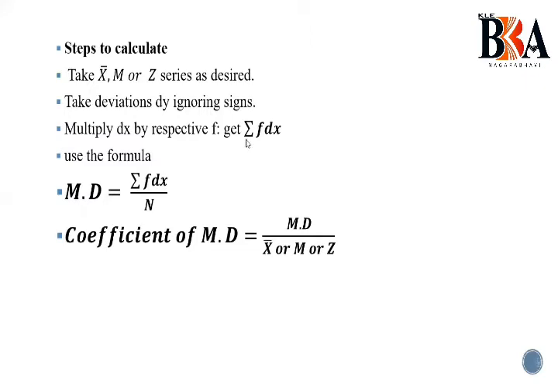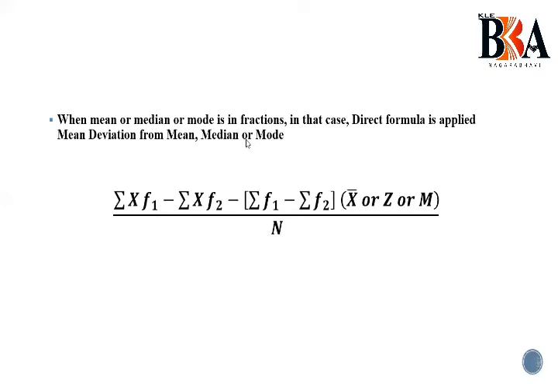Firstly, we need to know the direct formula which has to be used for mean deviation. When the mean, median, or mode is in fraction, in that case the direct formula is applied: mean deviation from the mean, median, or mode.